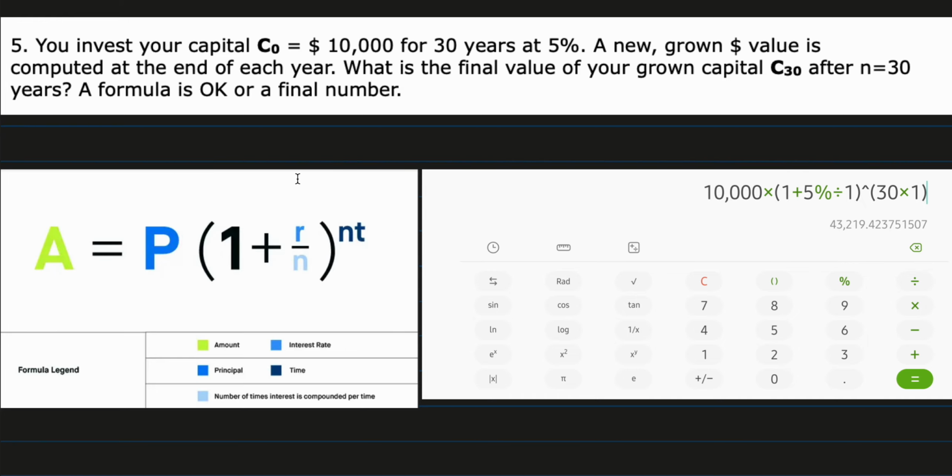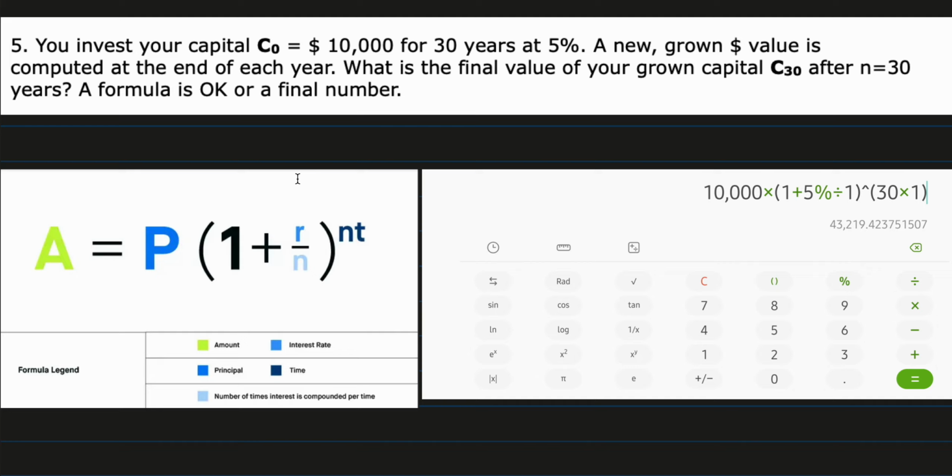And the formula is basically saying A, which is going to be the total amount, is equal to P. And P is our initial investment. So we have our initial investment times 1, and this 1 is for the very first year that we have. And then we have plus the interest rate divided by the number of times the interest is compounded.